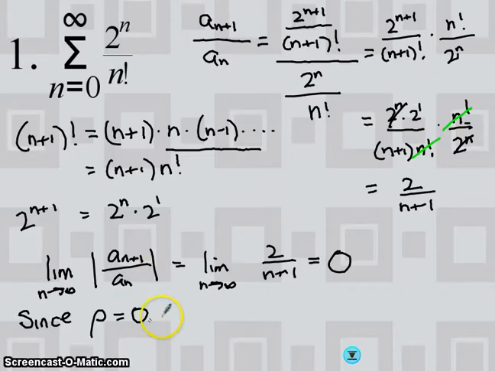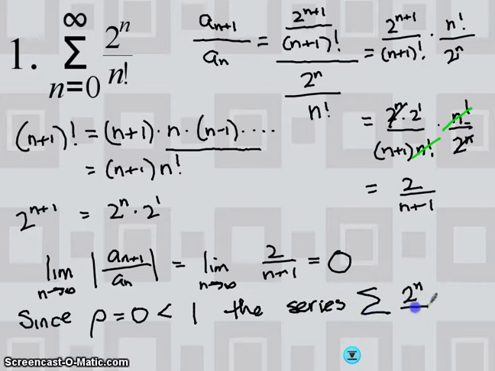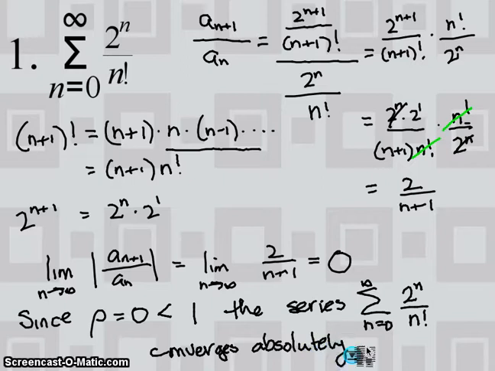It's one way you can do it. It's equal to 0, which is less than 1, so the series of 2 to the n over n factorial, as n goes from 0 to infinity, converges, or more specifically, converges absolutely. Okay, so that is how you apply the ratio test using that condition.